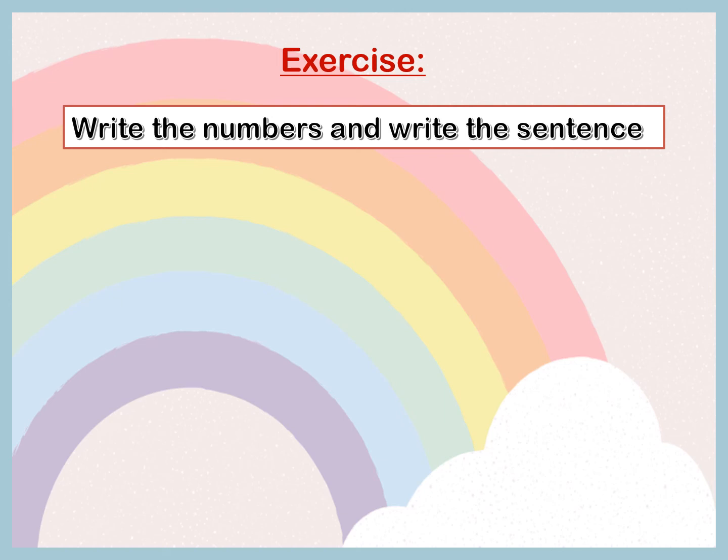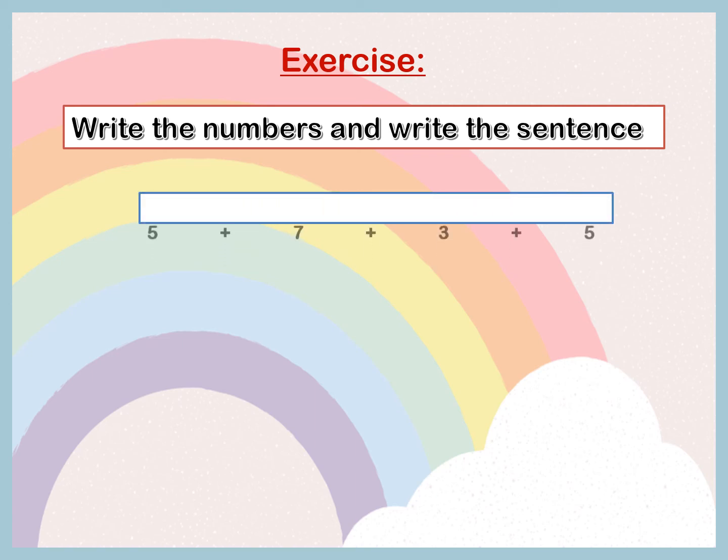What we just did a while ago is the same as what we are going to do on this exercise. Now I'm going to show you four numbers, and you're going to find two numbers that are equal to 10.